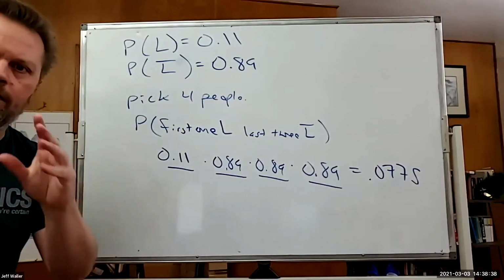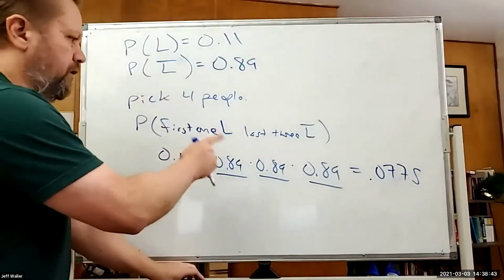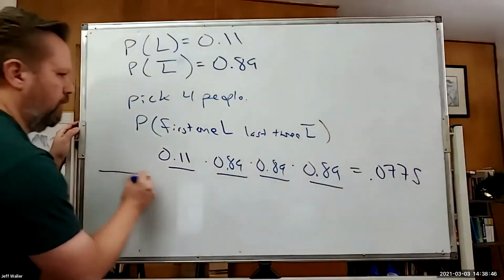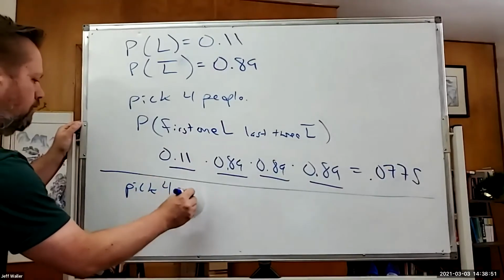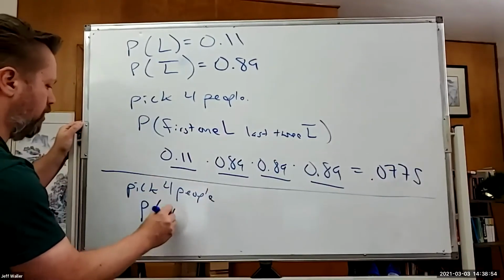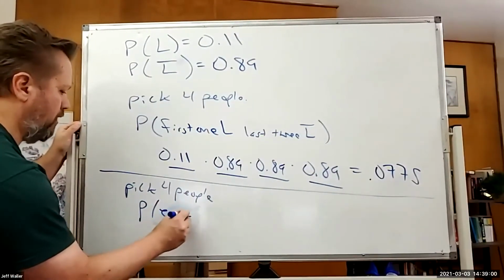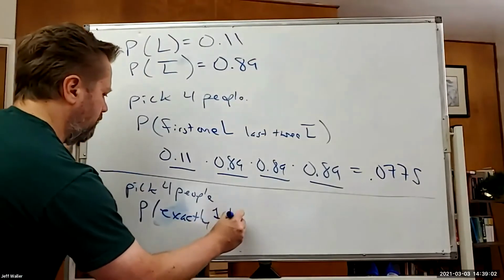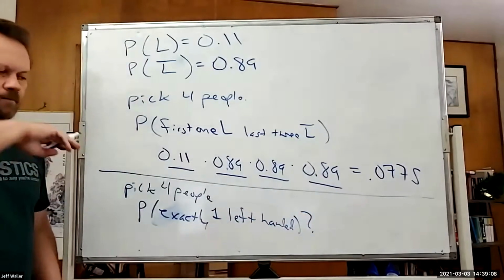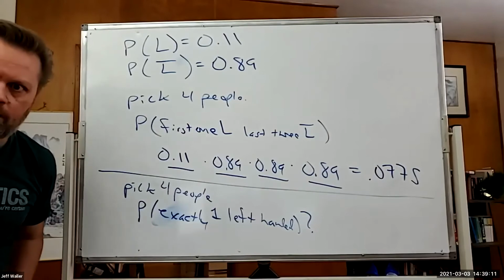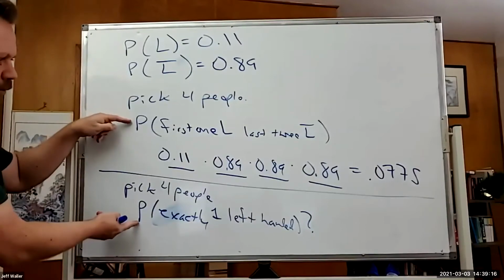Very straightforward. Can somebody tell me the difference between what we just did? What if I say this? Why is this a different problem? Pick 4 people. What's the probability that at least one, oh, Jeff, don't even do that. Not yet. What's the probability that exactly one is left-handed? What's the difference between these 2 problems?